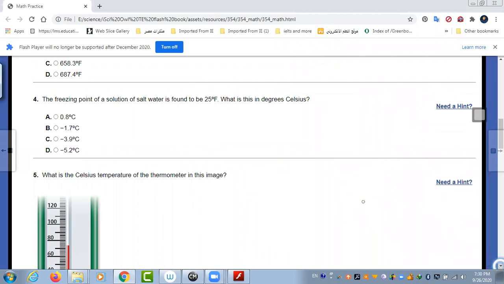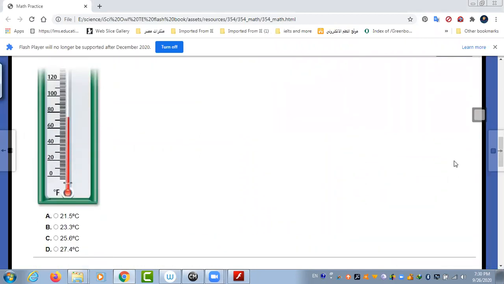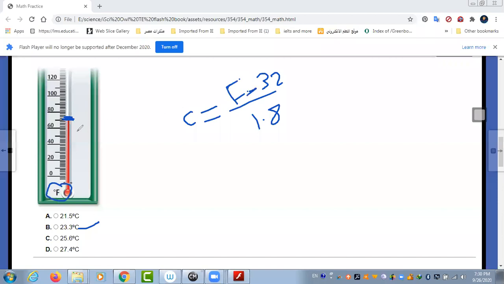Let's look here. Now this one, they give you the temperature in this reading: it is 18 Fahrenheit, and he wants it in Celsius. So we will convert from Fahrenheit to Celsius. Celsius equals F minus 32 over 1.8, the same law. If you look here, 60 means this was 70, so I think this one is 74 Fahrenheit.